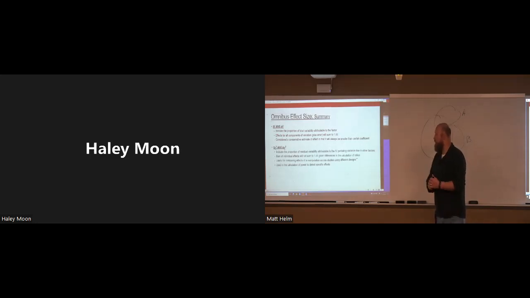Partial coefficients, partial eta squared, partial omega squared. This is going to be the proportion of residual variability attributable to the IV, parceling out variability due to other stuff. So if we've already accounted for it, we don't care about it. Of what's left over, what proportion of what's left over is attributable to this factor.